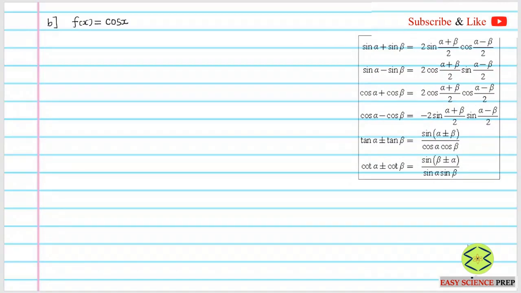So let's start with the next one, f of x equal to cos x. Obviously y equal to f of x, I can write f of x plus delta x equal to cos of x plus delta x.